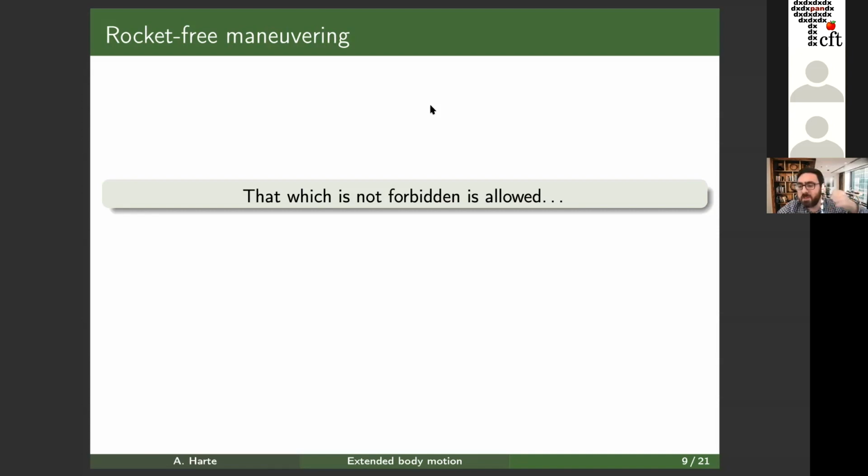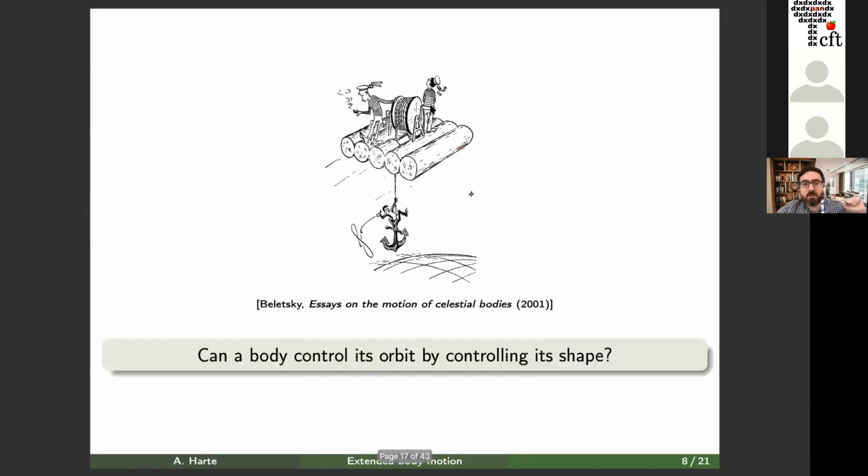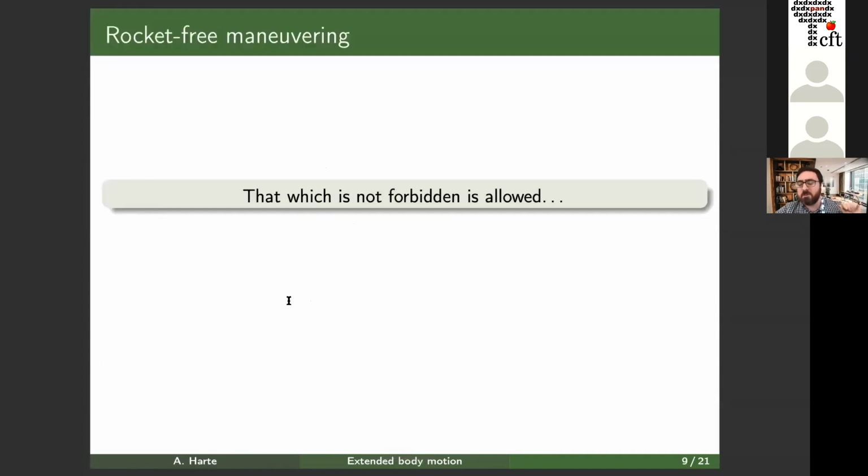In terms of more translational control, can you not only control the orientation of your spacecraft, but also which orbit it's in, there are some results that go back to Russian publications by Beletsky in the 1960s at first. There's actually quite a lot of literature that's also incorrect on this, but it's been building up and people know about it, although there haven't been so many applications in that direction yet.